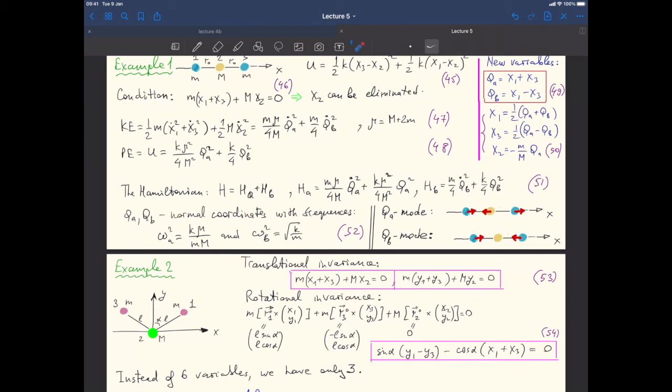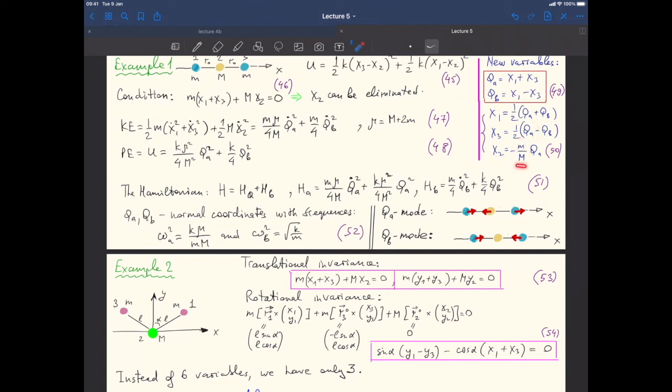So in order to build normal modes, for QA, for instance, we set QB coordinate equal to 0. So only the QA mode is excited. And if we do this, you can see that X1 and X3 move in the same direction, but X2 moves in the opposite direction, and there's a prefactor to it.